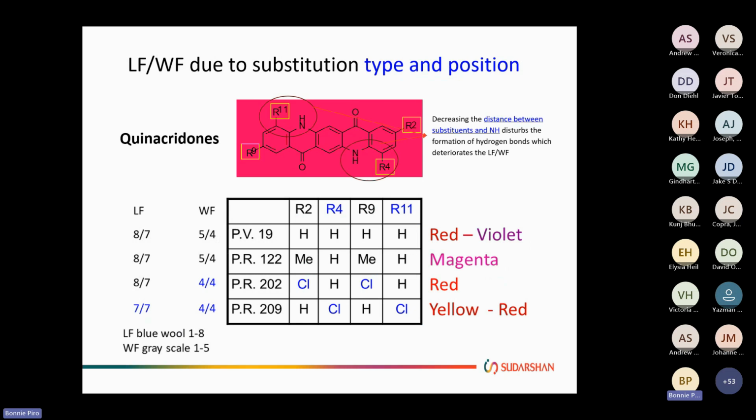And also properties can change with that type and position of a substitution. Here you see how that can impact the light fastness and the weather fastness, depending on how the substitution is made.